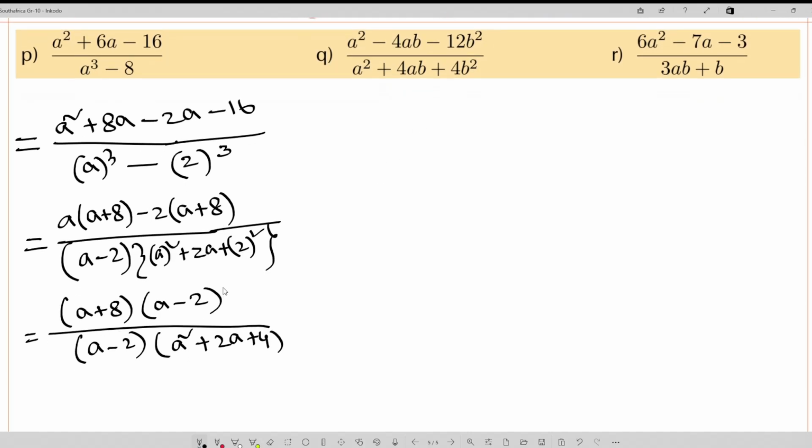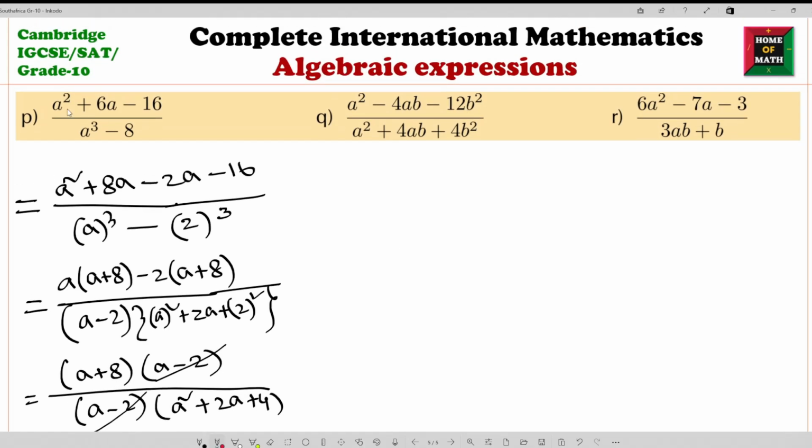So this a minus 2 and a minus 2 we can take out. So our answer is a plus 8 over a square plus 2a plus 4. So number P done.